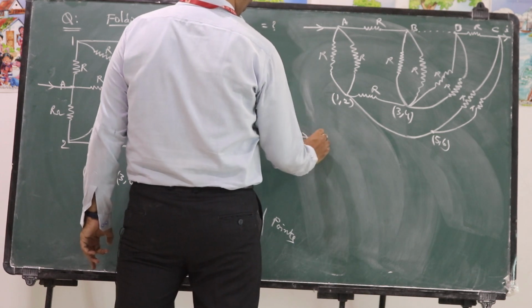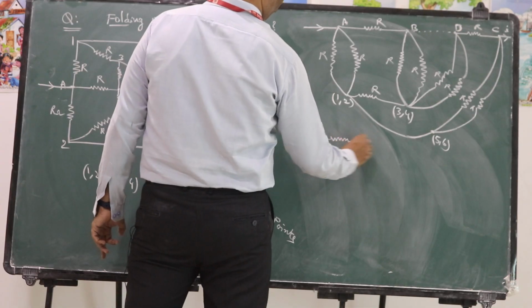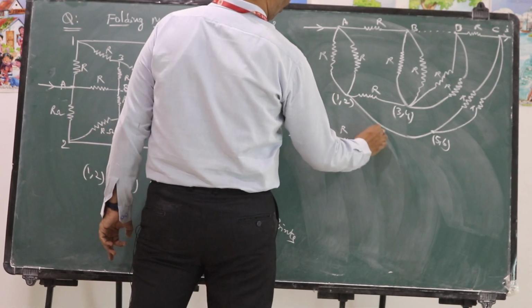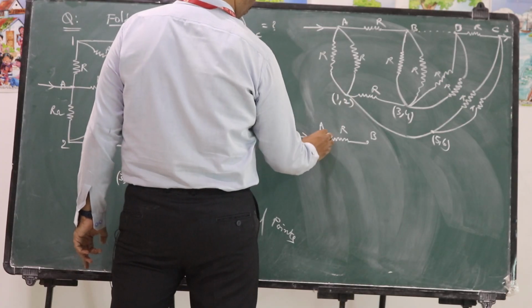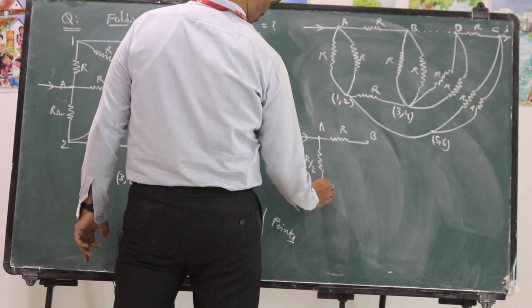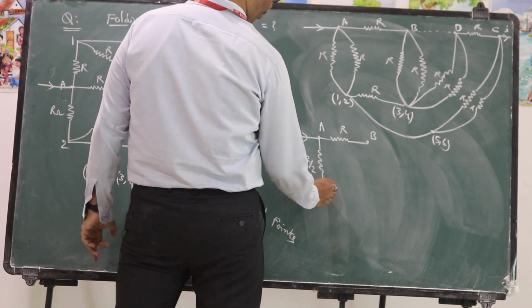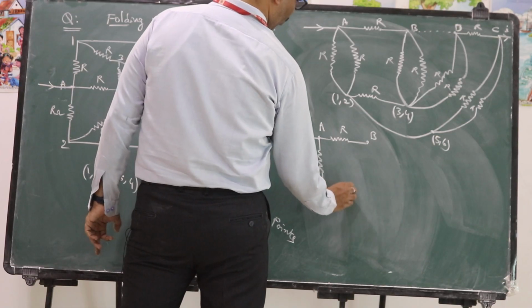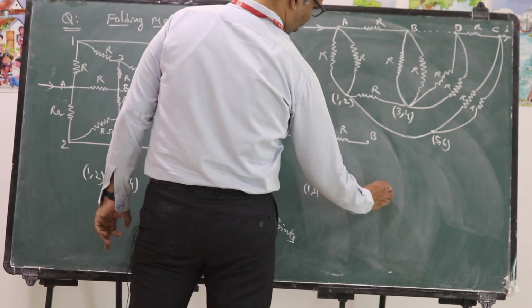current is coming towards A. Between A and B, 1 resistor of resistance R is there. Between A and 1, 2 point, the effective resistance is R by 2. This is a point where 1, 2 are joined. And between 1, 2 and 3, 4, 1 more resistor of resistance R is there. This is 3, 4.